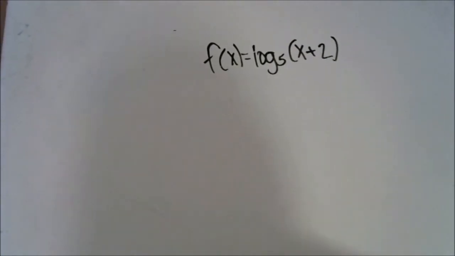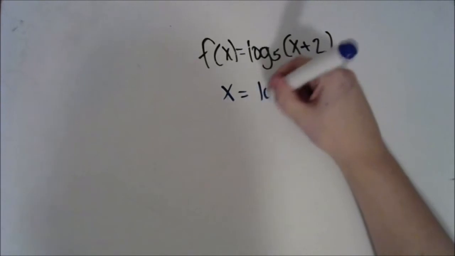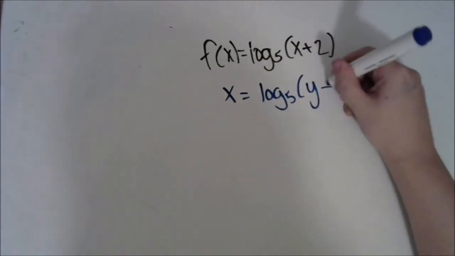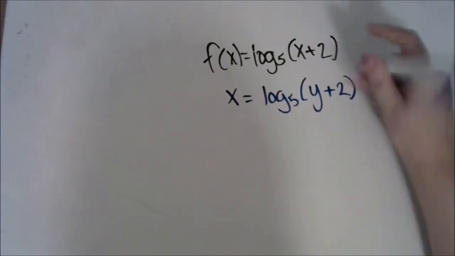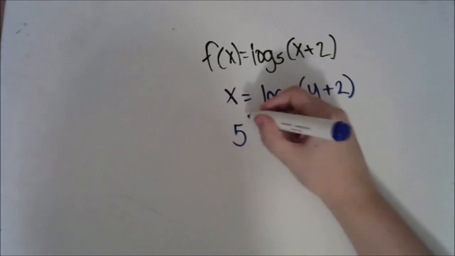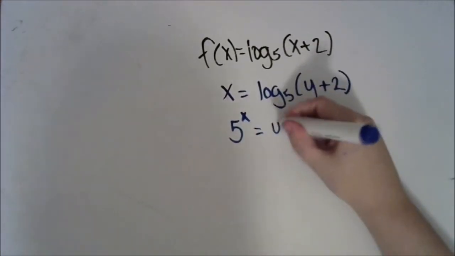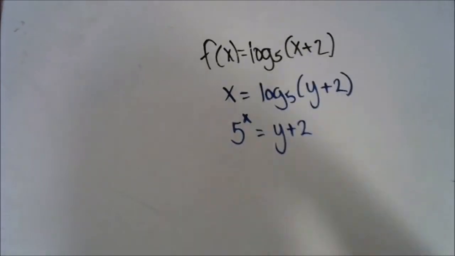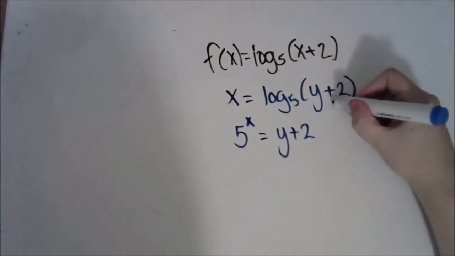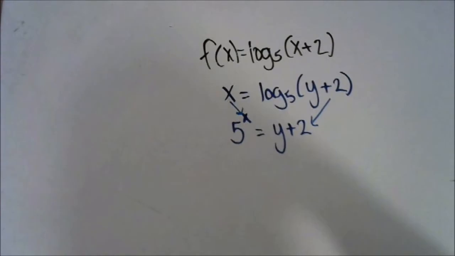Let's start by switching x and y. x equals log base 5 of y plus 2. Then rewrite the equation as an exponent. 5 to the x power equals y plus 2. When you're taking an inverse, your input becomes your output, and your output becomes your input.